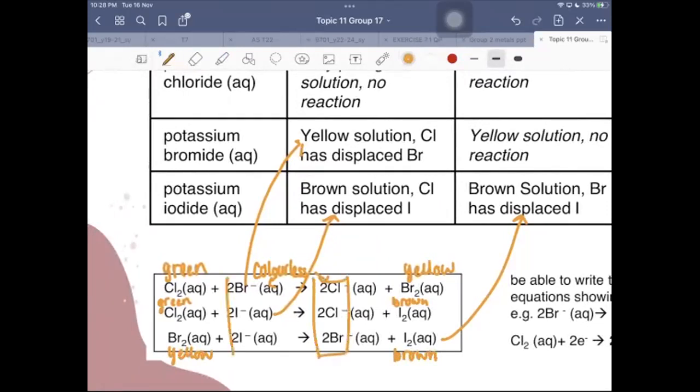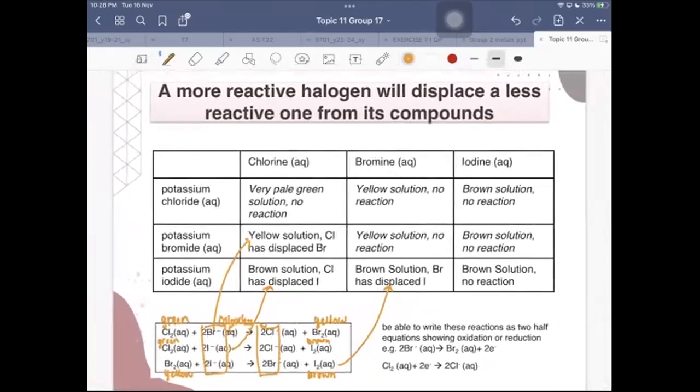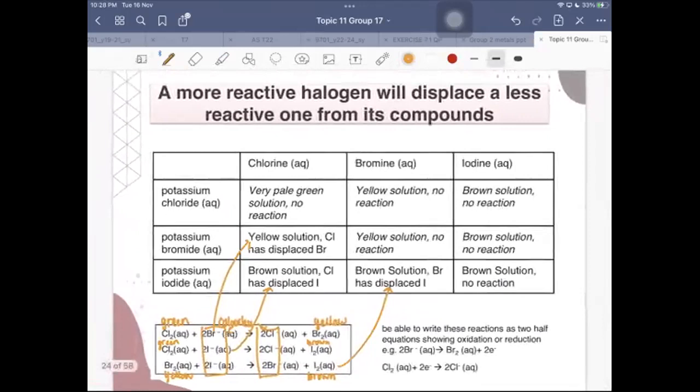Whereas all those three halides are colorless. Okay. Right. So the idea is a more reactive halogen will displace a less reactive one from its compounds.